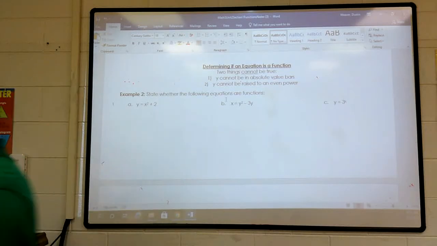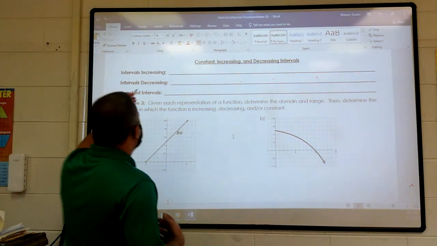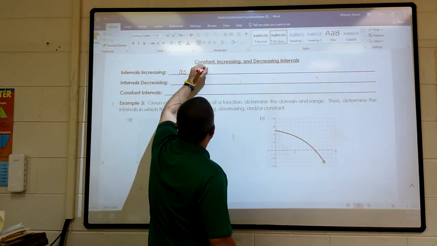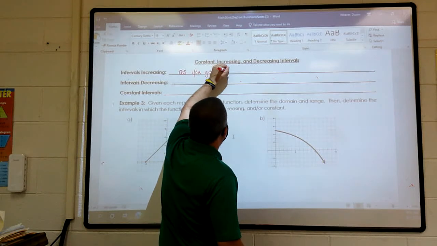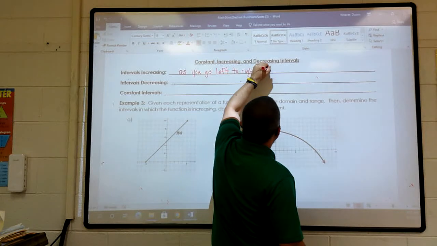All right, so on page 2, this is where it gets a little bit tricky. We want to know whether it is increasing, decreasing, or constant. So an interval where something is increasing means as you go left to right, the graph is going up.